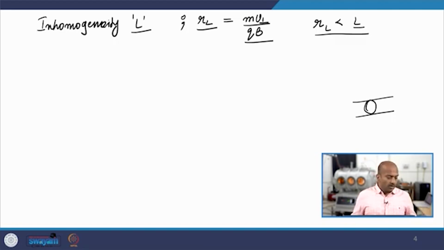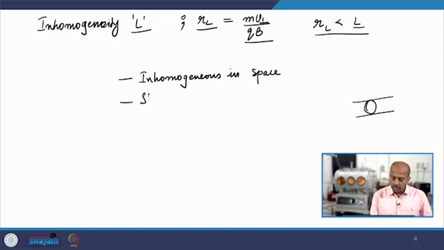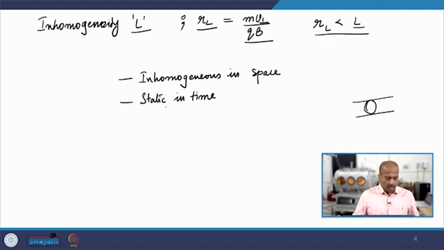So, let us say the basic conditions are that the magnetic field is inhomogeneous in space, and it is static in time. Let us say we say that it is static in time.